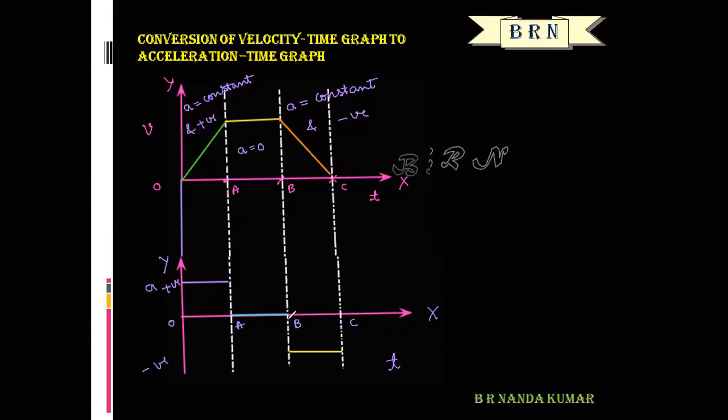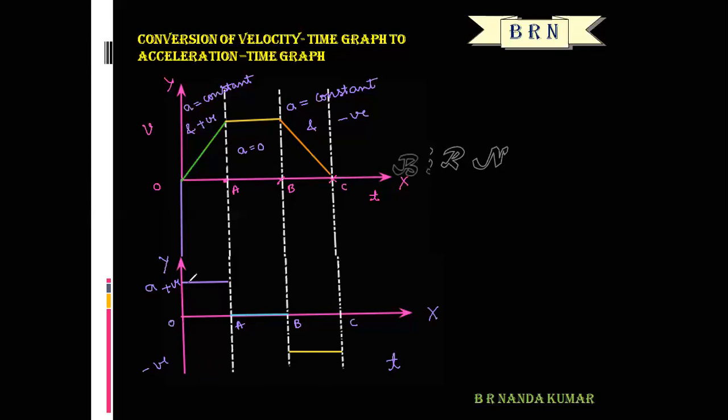In the time interval B to C, the velocity of the particle decreases by equal amounts in equal intervals of time, so the acceleration is constant but negative.